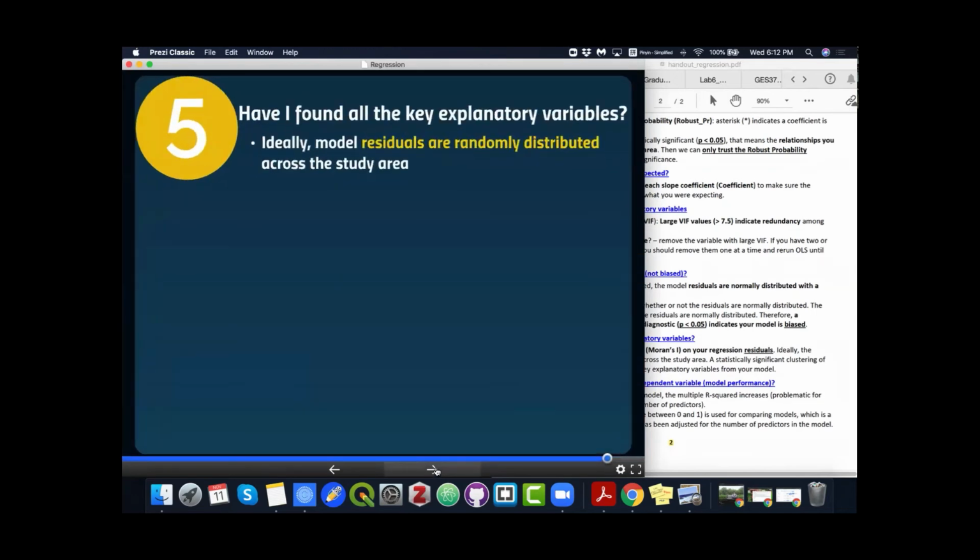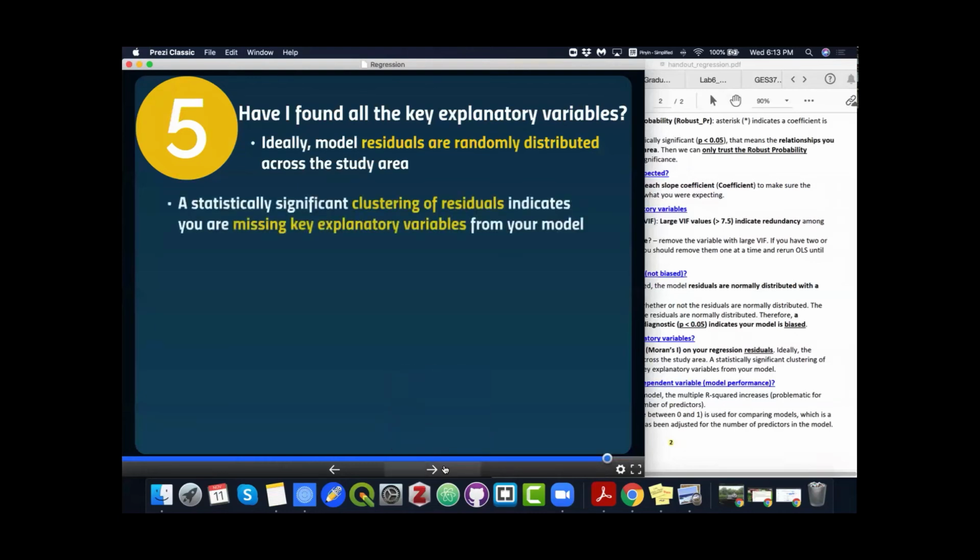So that's our fifth check. Ideally, the model residuals should be randomly distributed across the study area. Spatially, the residuals should be random, some positive and some negative, with no clear patterns. They're scattered everywhere, with some concentrations but not entirely. So it's a randomly distributed residual map.